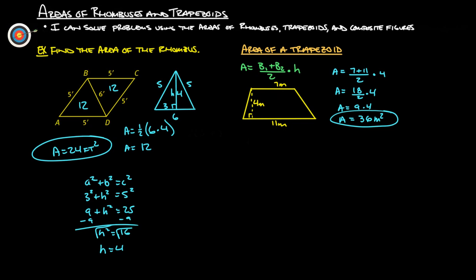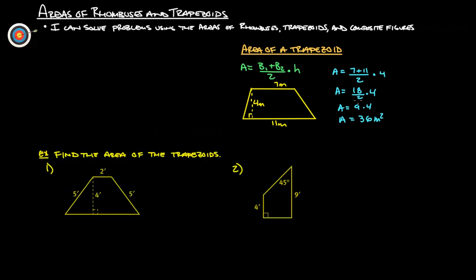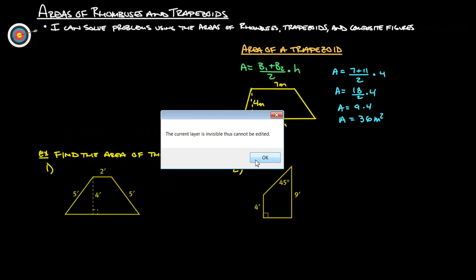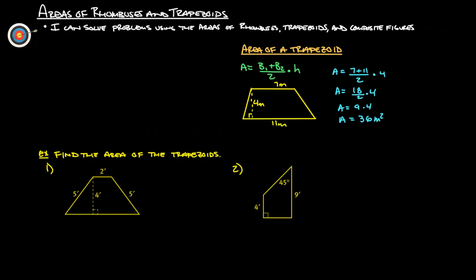Okay, we're going to use that info to find the area of these trapezoids here. So we know that this is 2. That's 4. These are both 5. We have to figure out what this is down here, because we know the area is going to be base 1 plus base 2 divided by 2 times the height.